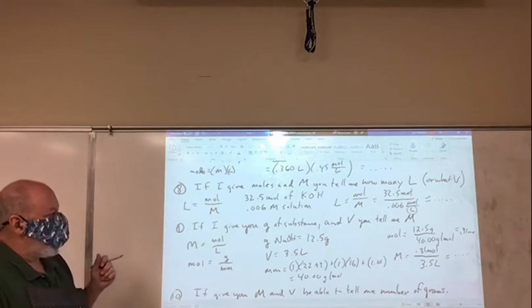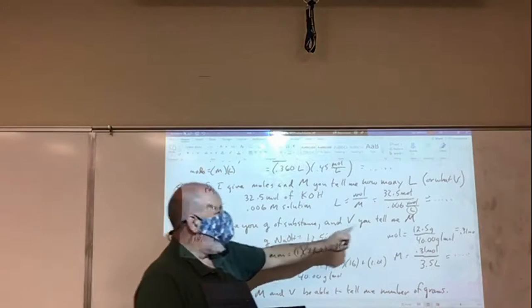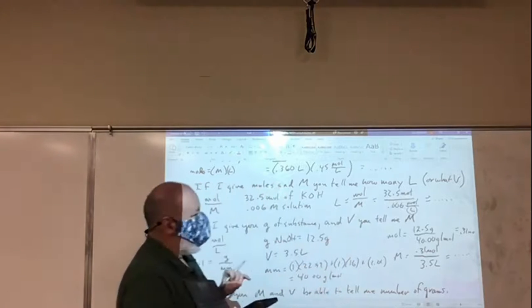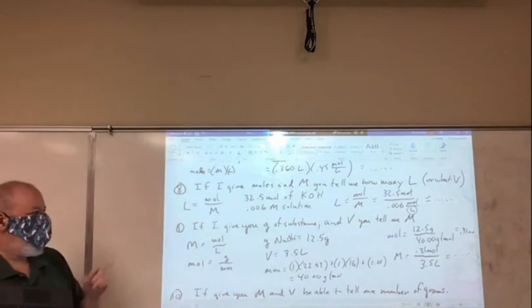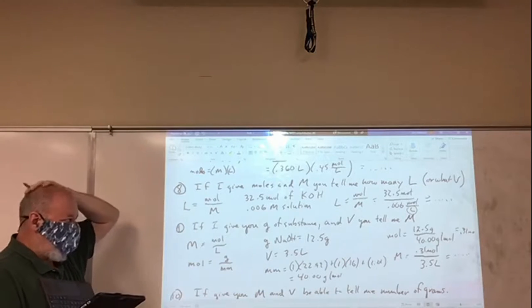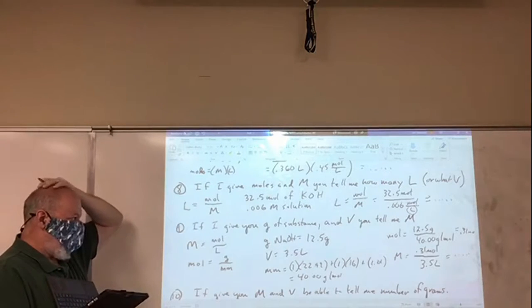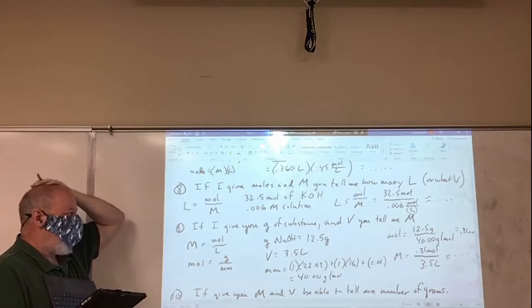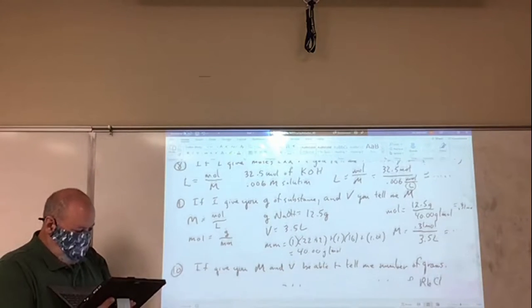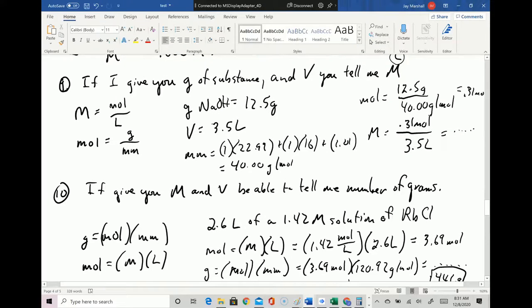Always be in a situation where your work can tell you if you screwed up. If your units do not work out to the correct thing that you're expecting, then you've made a mistake, and you need to go back and fix it. It's not just because I'm a control freak that I'm asking you to do that, although I am a control freak.